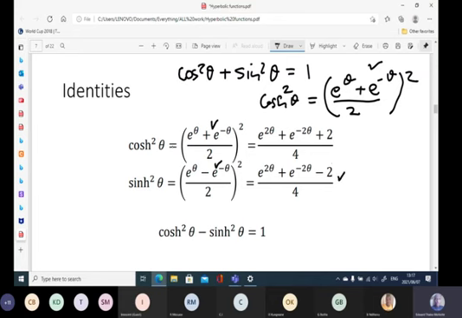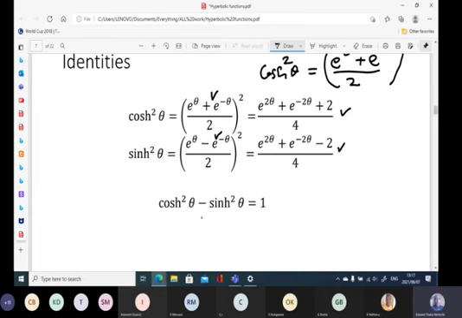Now to prove that cosh squared theta minus sinh squared theta gives you 1, you have to subtract the second one from the first one. So this is how we'll do that. We just write it as 1 over 4 e to the power 2 theta plus 1 over 4 e to the power minus 2 theta plus 1 over 2, minus 1 over 4.